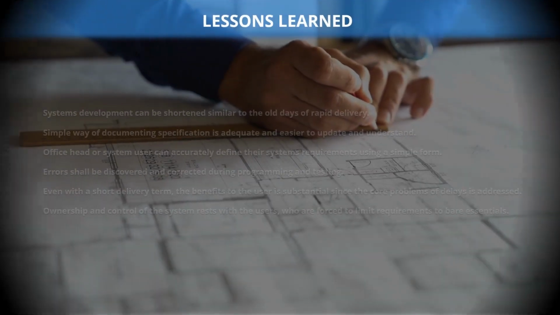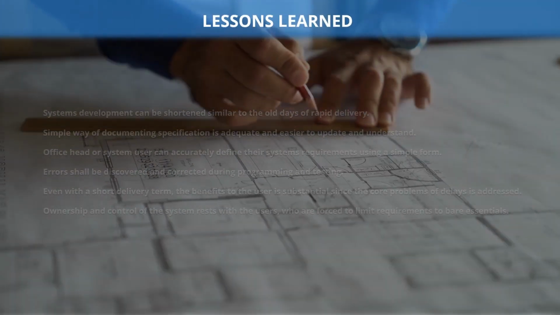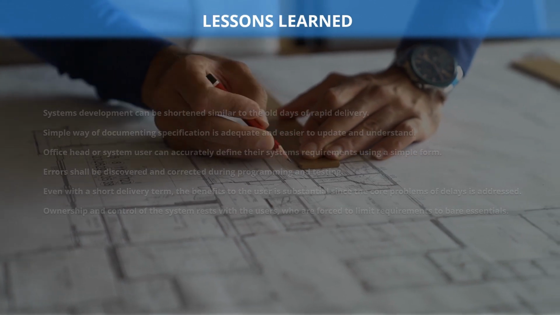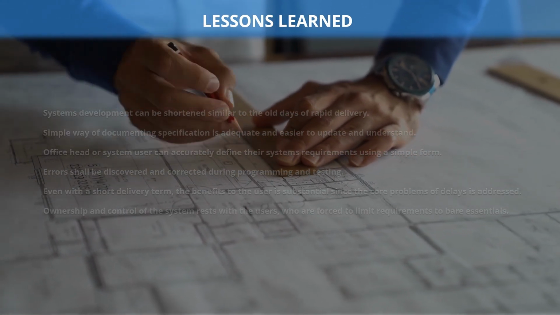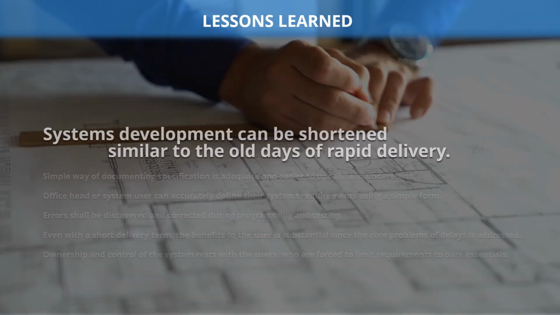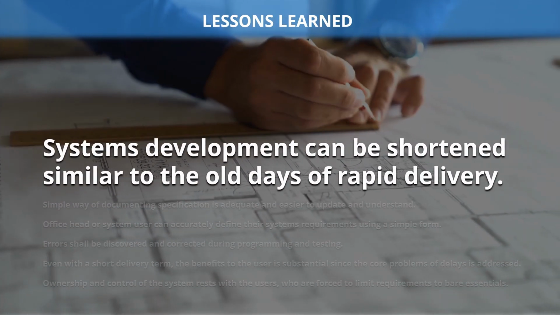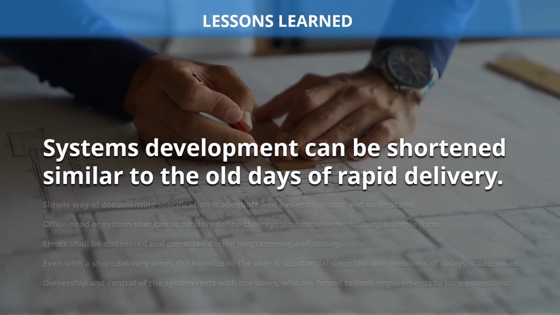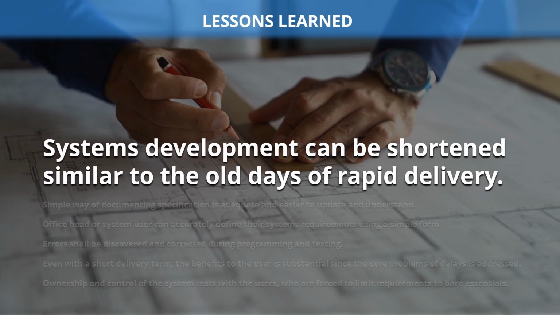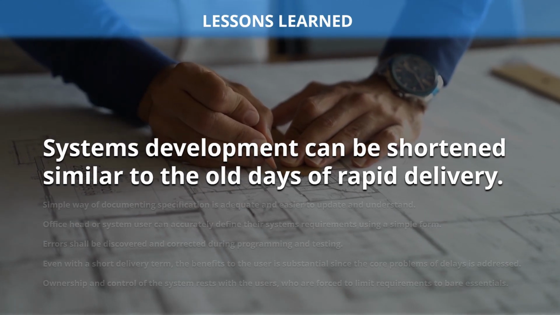Lessons learned. In the previous example of defining system specifications for a typical business application, such as accounts receivable, we can conclude that: 1. Systems development man-hours can be shortened, similar to the old days of rapid delivery systems. 2.